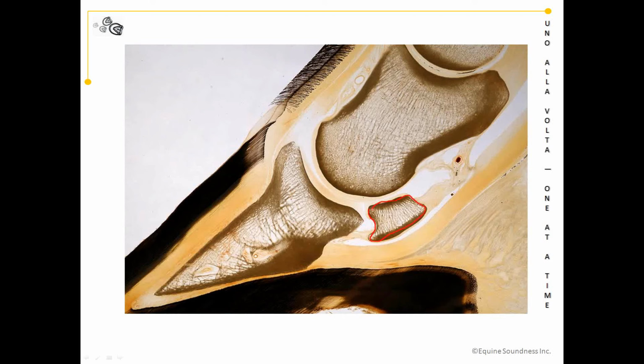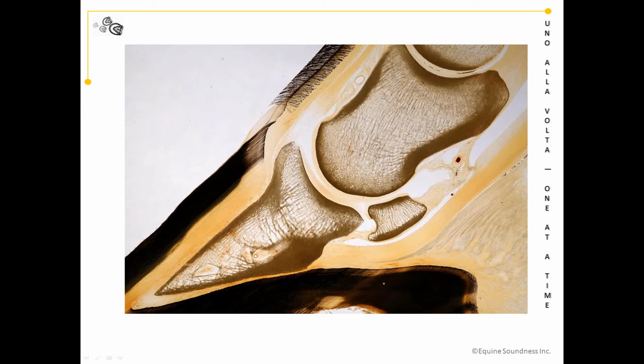And you also can see the ligament that holds it there, together with its own cartilage that connects it to the cartilage of the short pastern bone. And you see how in relation this is very small.